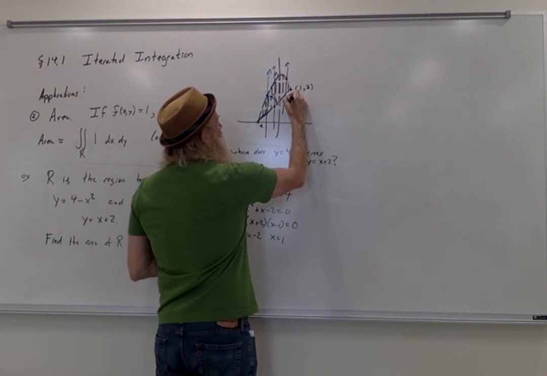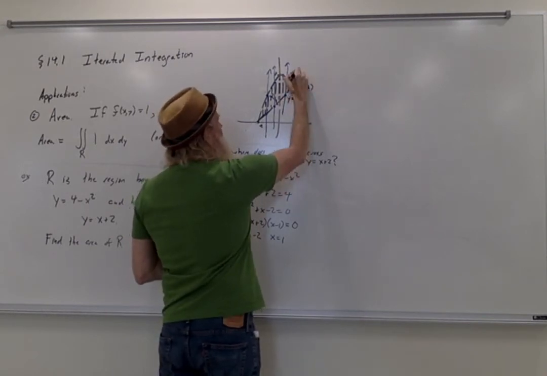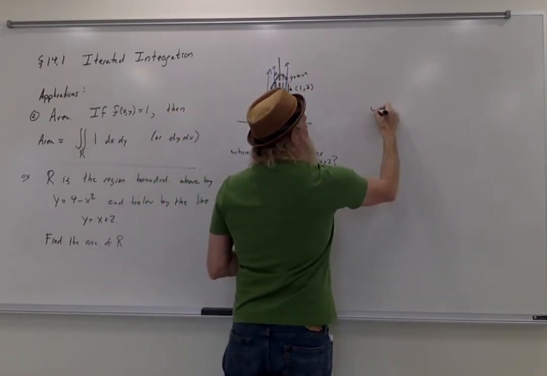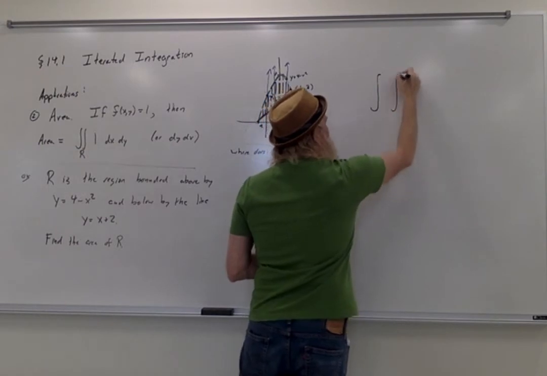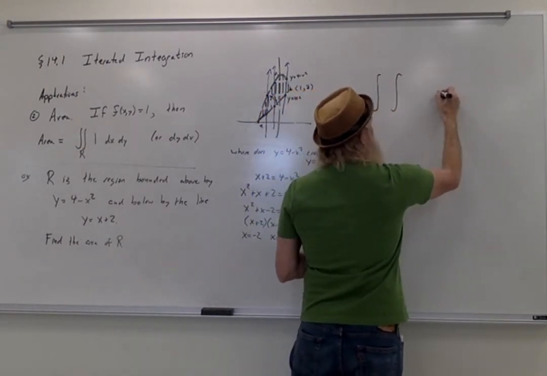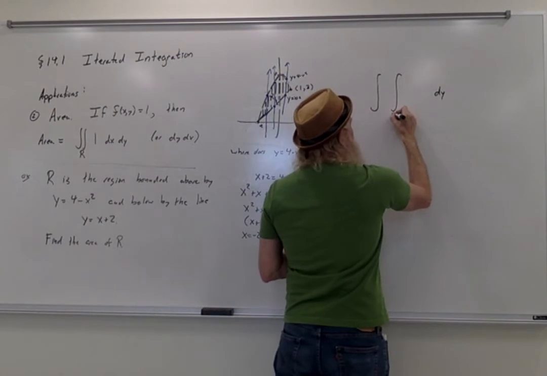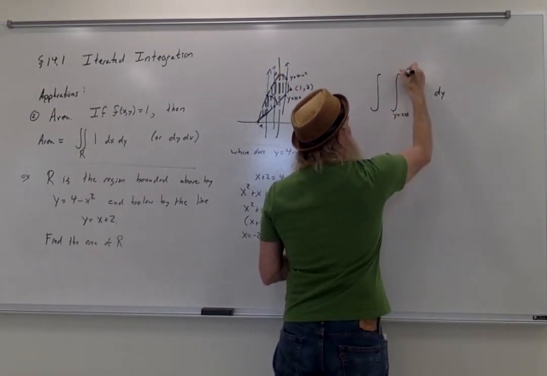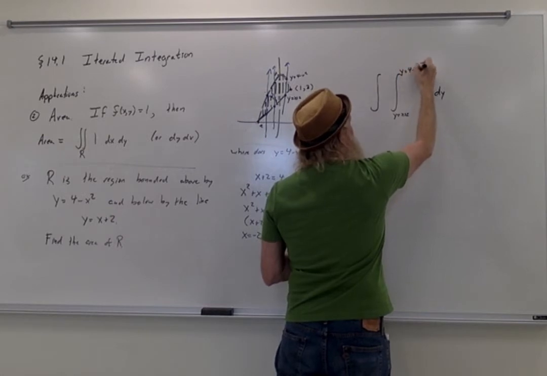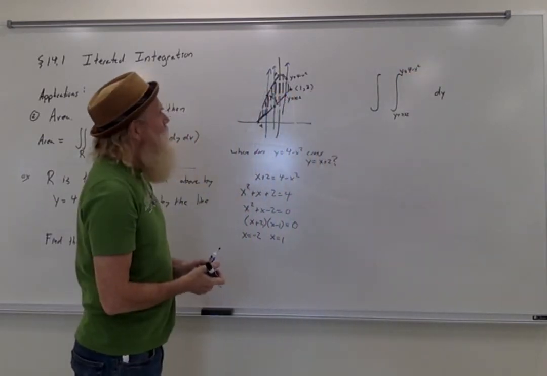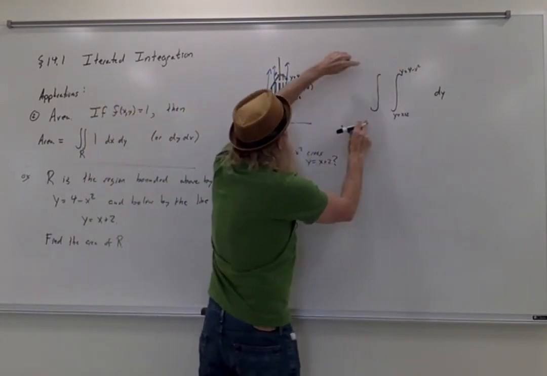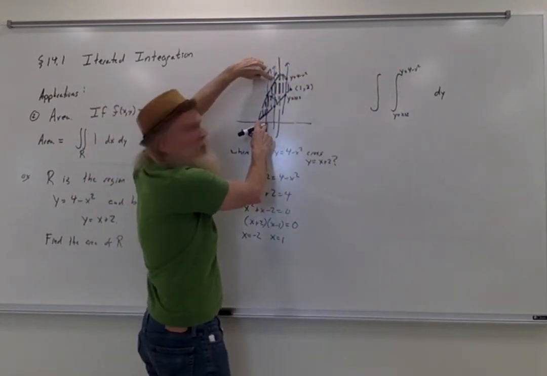The bottom curve I can write as y equals x plus 2. And the top I can write as y equals 4 minus x squared. So when I set up my bounds, those become the inner bounds for y. I'm going to go from y equals x plus 2 to the top curve, y equals 4 minus x squared. So for a vertically simple region, notice that the top and the bottom bounds correspond to the top and bottom curves.